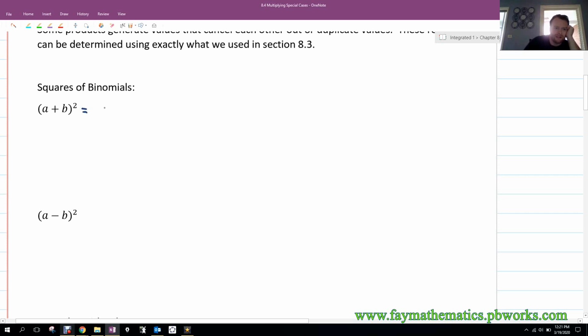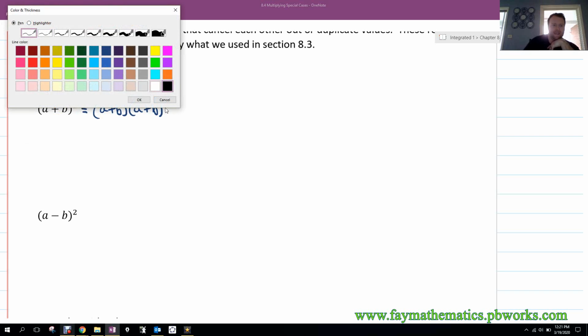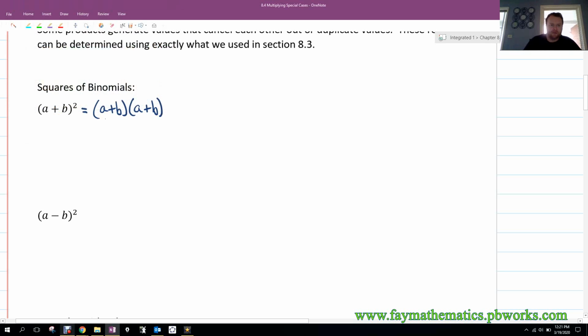This ultimately means A plus B times A plus B. I think we all know that by now. Okay, so if that's the case, then use what we talked about in the 8.3 section, where I take that one. So I'm gonna distribute A to everything over here.